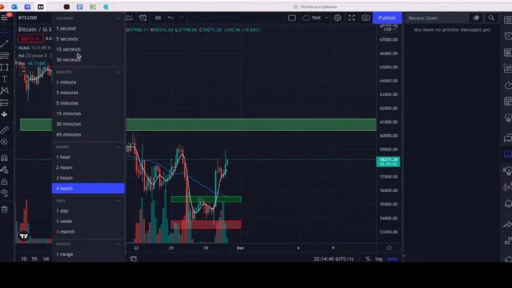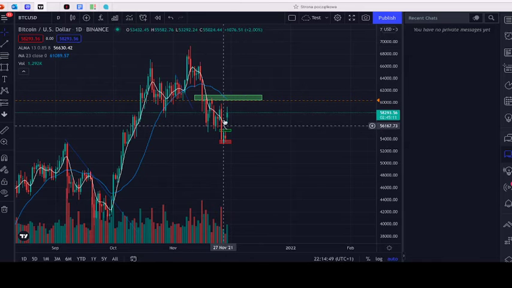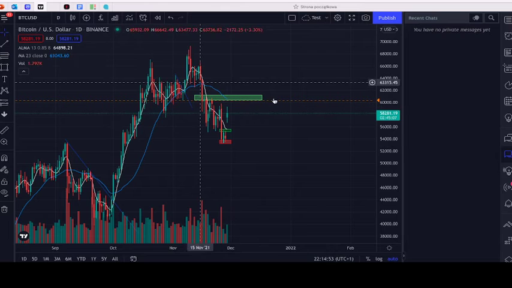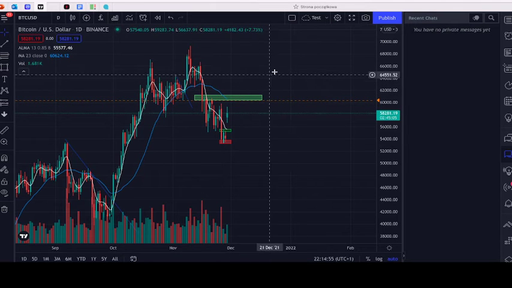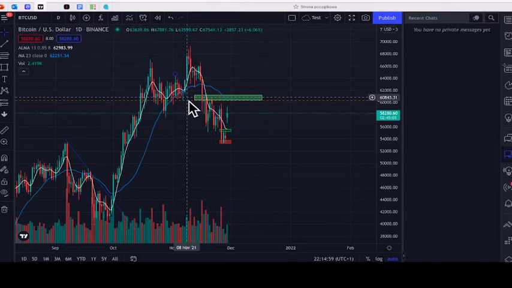Okay, let's check 1 day time frame again. Here we have average lines. When the white one will cross the blue, that will be signal to take long position on Bitcoin.